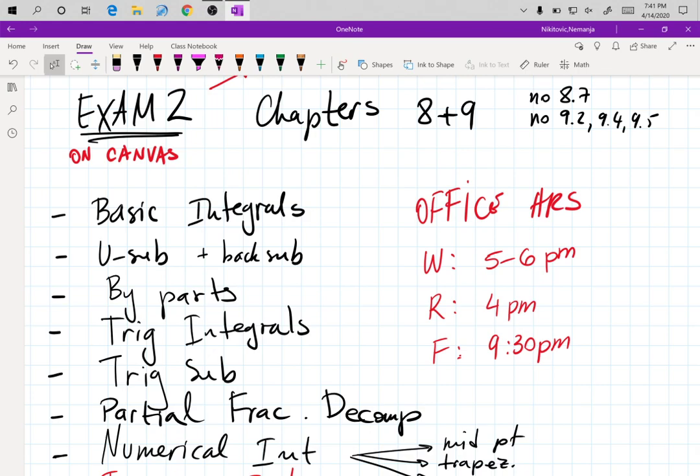So these are your office hours, and this will be attached in the announcements as well. Actually, you know what? No need for office hours on Thursday.